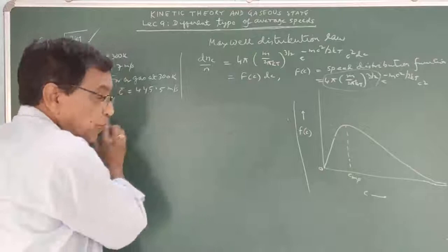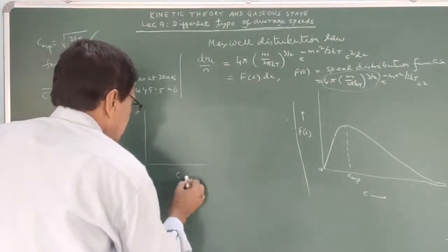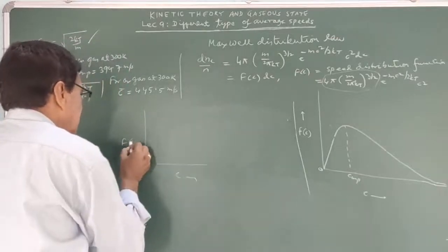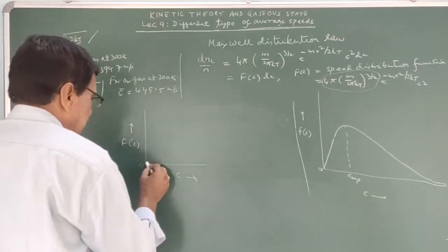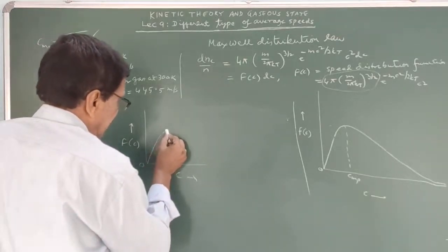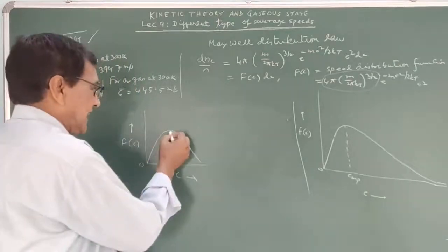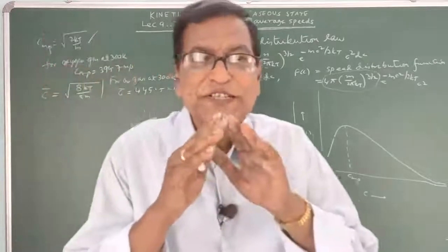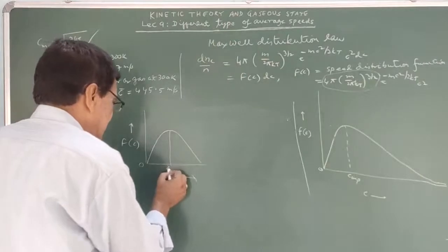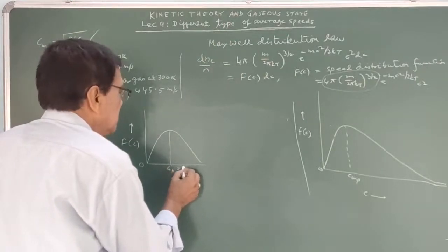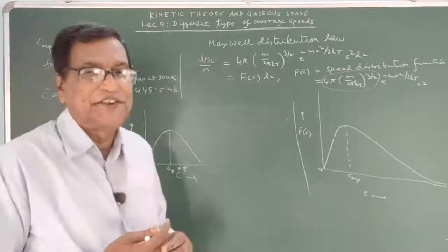If this curve would be, here C and here FC and here it is 0, and if this curve would be symmetrical, then in this case this C_MP would be equal to C bar, as this will be the fulcrum and balancing point.